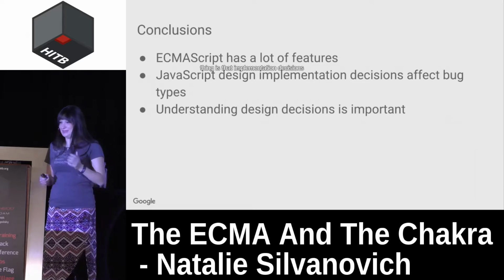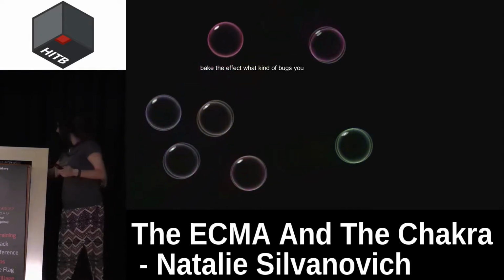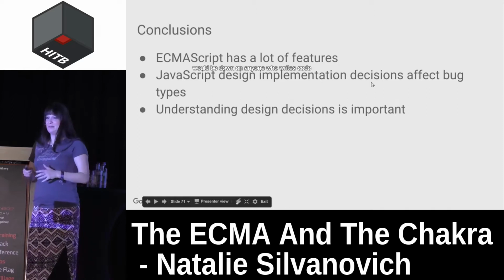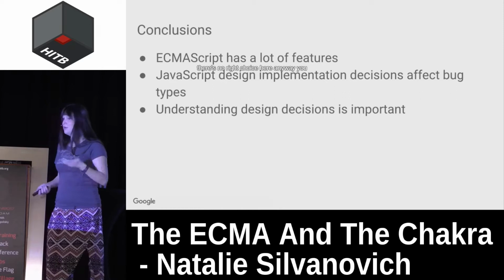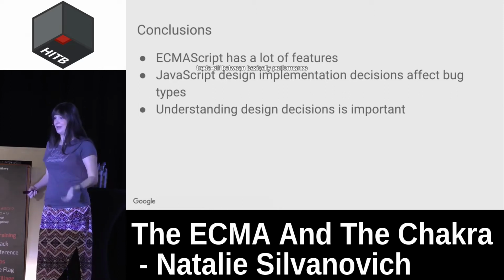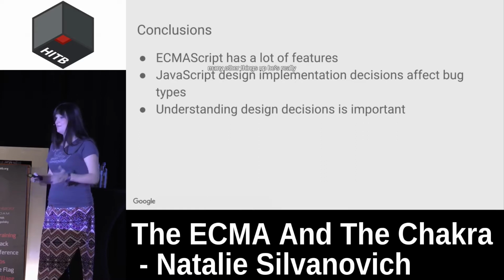Another thing is that implementation decisions affect what kind of bugs you have. And I'm not trying to be down on anyone who writes code. Like, these are super hard problems, and there's no right choice here. Any way you implement this, there's going to be trade-offs between basically performance and security and ease of development and many other things.